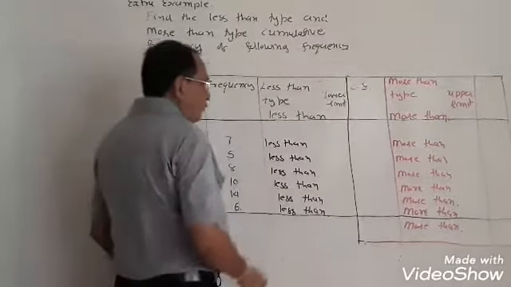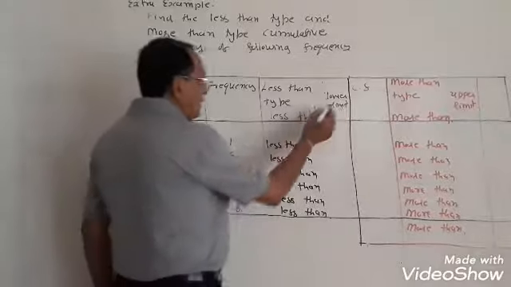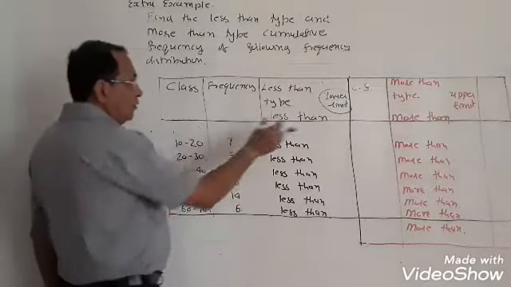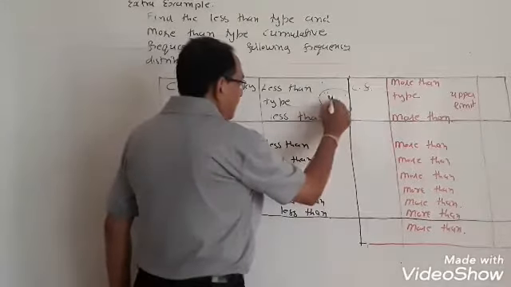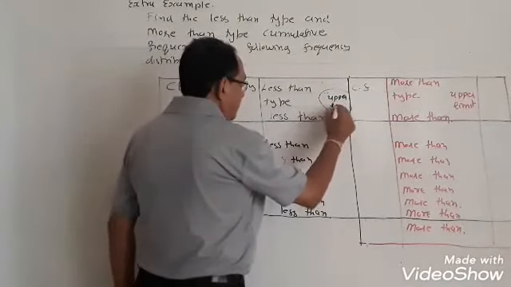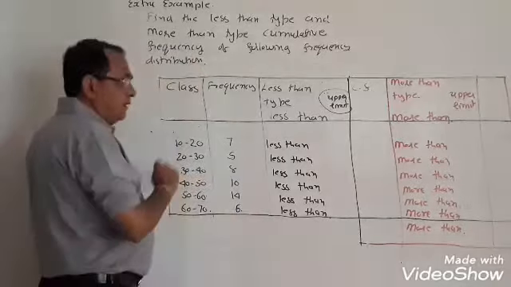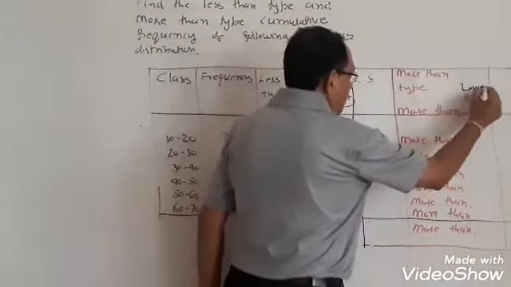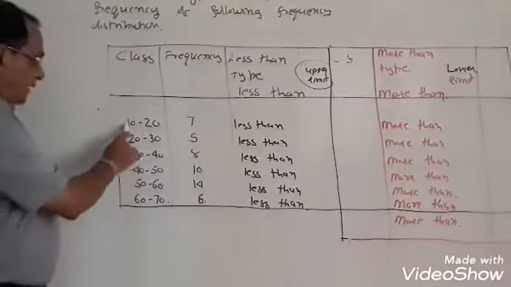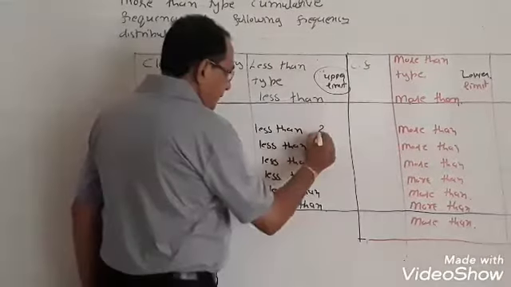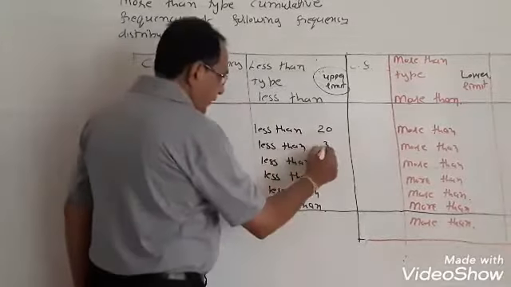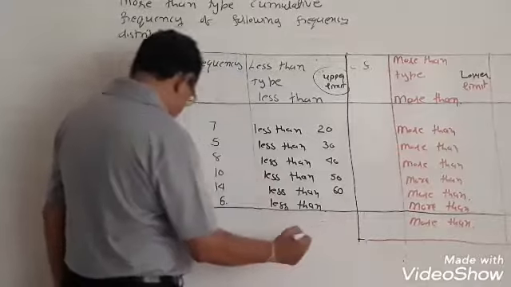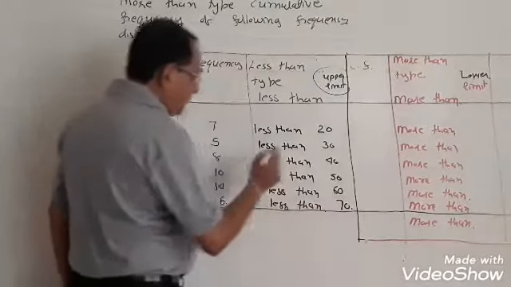For less than type, you have to use the upper limit. Less than my upper limit and more than my lower limit. Here the upper limits are 20, then 30, 40, 50, 60 and 70.